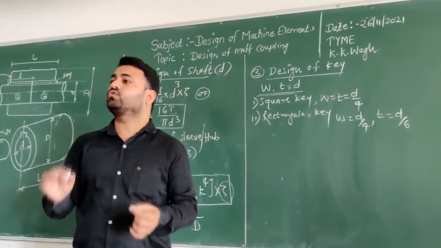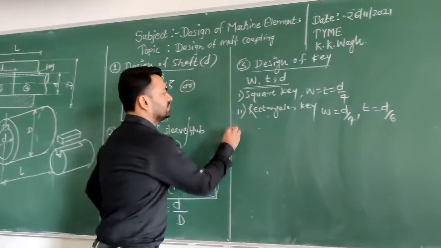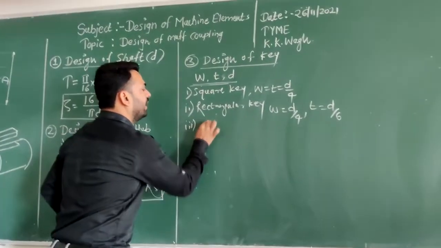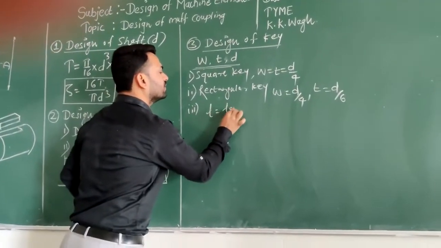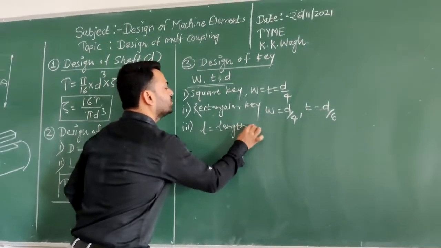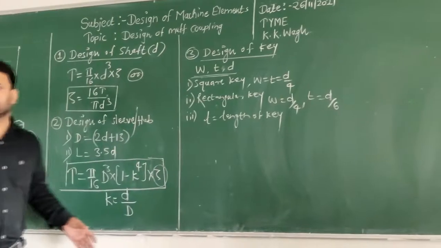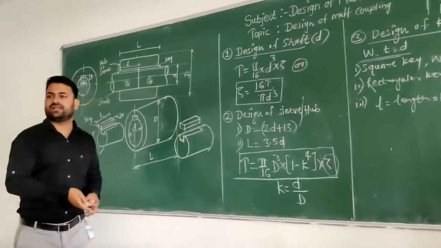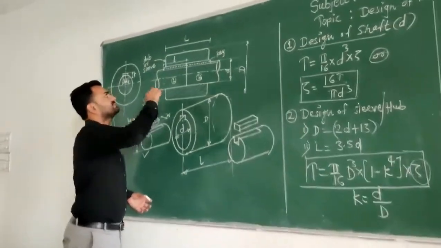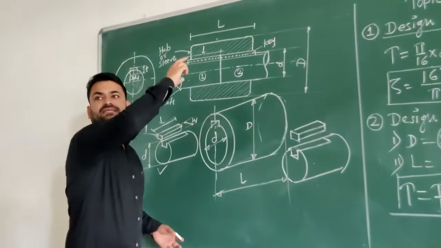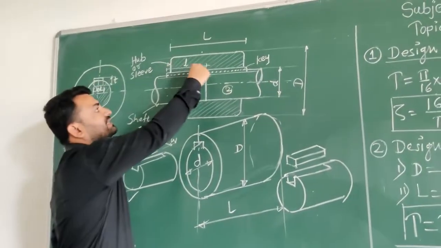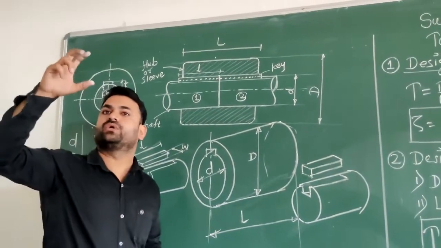After this, how to find the length of the key? Third is L, the length of key. Let's see here. Here the key is going to be attached.